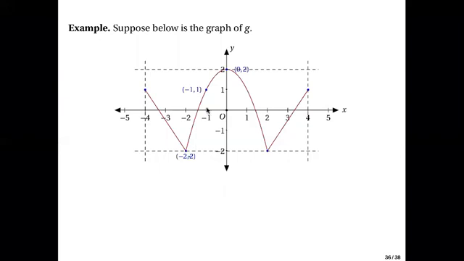And then here you have (-1, 1). And then here you have your (0, 2). And in here you have (2, -2). And then this guy here is your (4, 1).